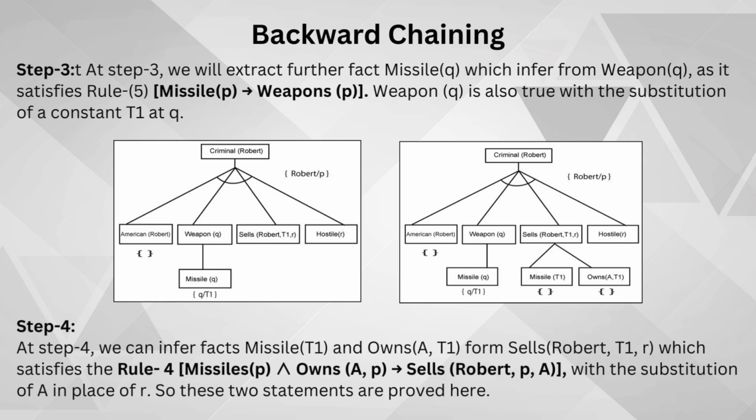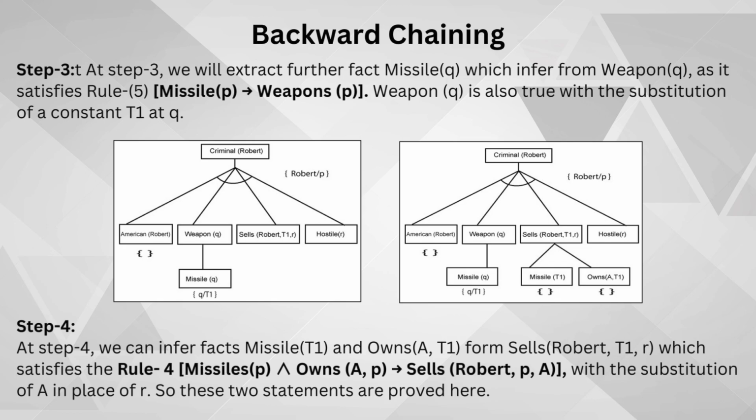This rule says that if missiles are owned by country A and Robert sells them to country A, then Robert is a seller. So, using rule 4 we can say T1 is a missile, owned by country A. So, A owns T1, and Robert sold the missile T1 to country A. Connecting the dots, we are getting closer to our goal.